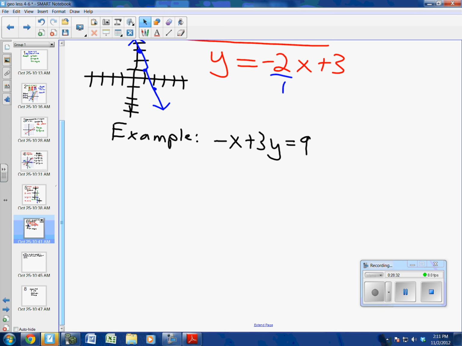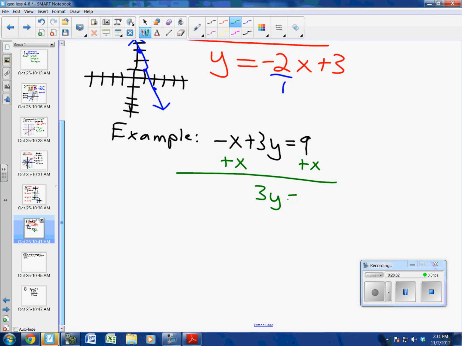If I move the y over, then I still have it on the side with the 9. How do I move the x? Yeah, since it's negative x, I'm going to add x to both sides, right? If I add negative x and x, I get 0. So I have 3y equals x plus 9.